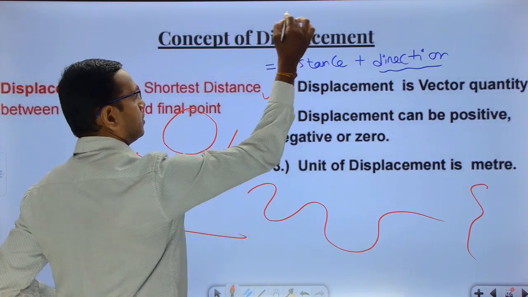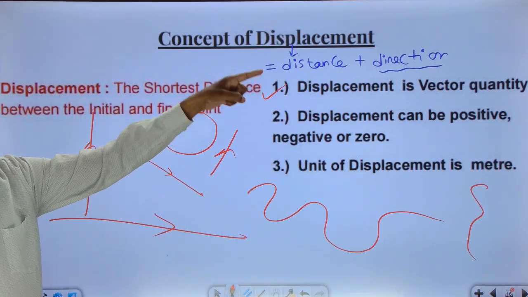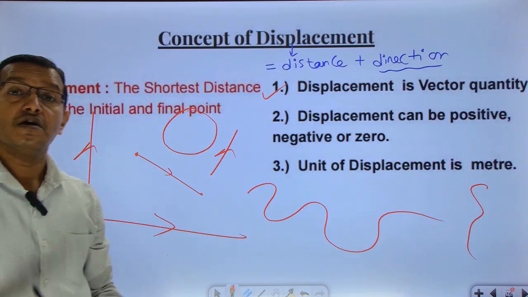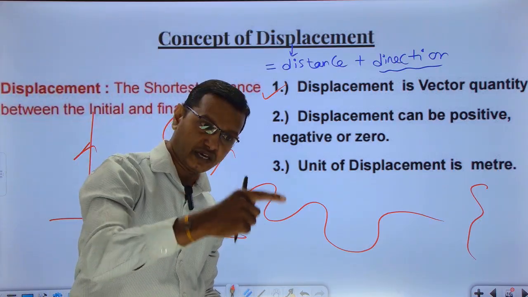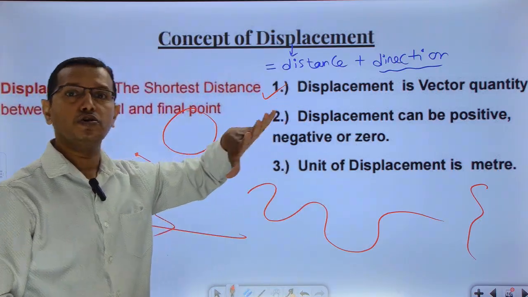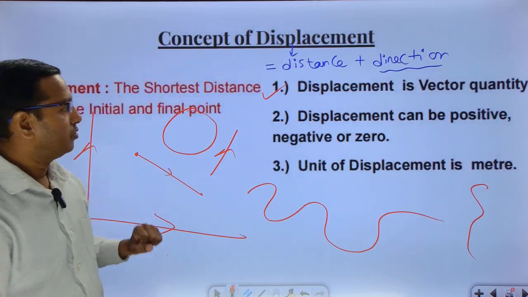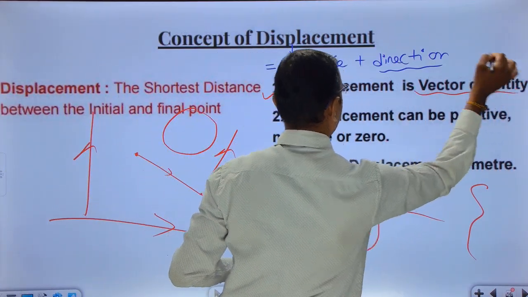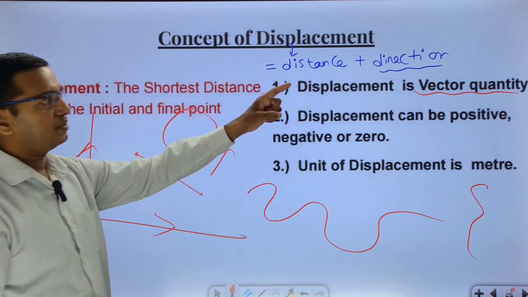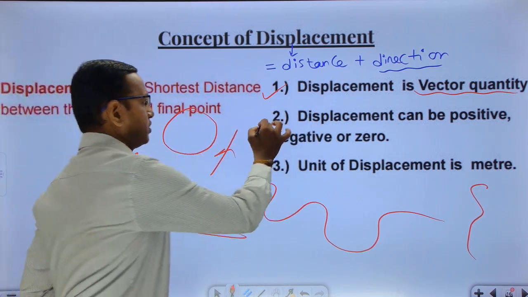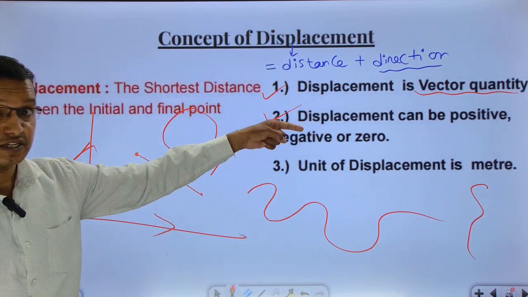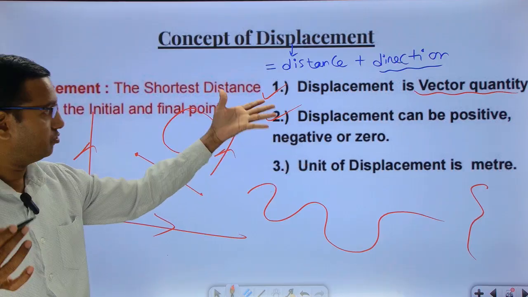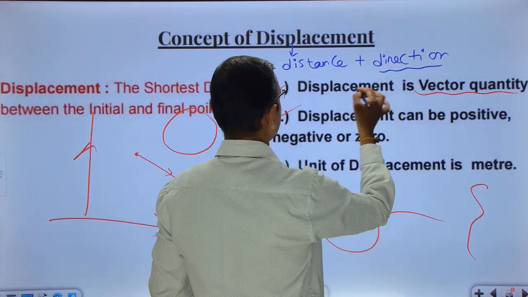Now coming to our points on displacement. Displacement is a vector quantity. Vectors can be positive, vectors can be negative, vectors can be 0 also. So remember, first, displacement is always a vector quantity. Second, displacement can be positive, negative or 0. Why?